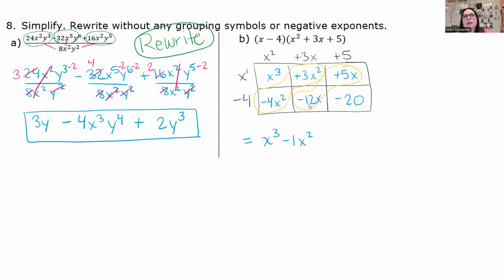And then I have negative 12 plus 5, or 5 minus 12. Negative 7x and then minus 20. Use a box for these. You can distribute, but you're way less likely to make mistakes. And that is our notes for today.